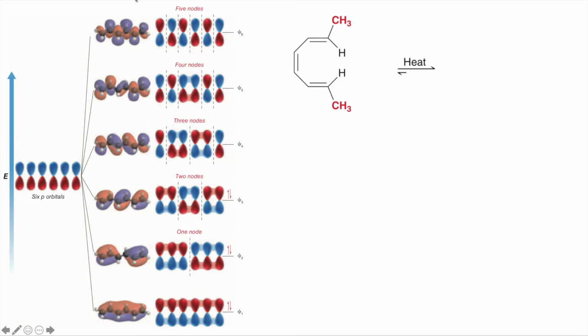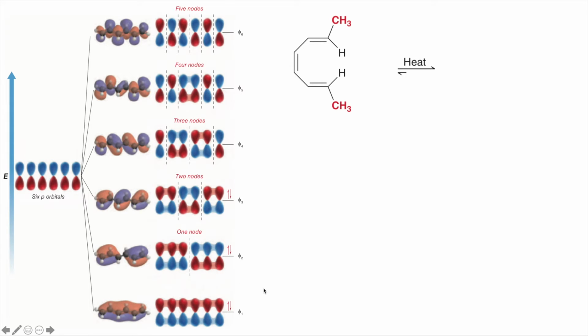And finally, at the very top, the most energetic way that the electrons could fly over that space, those 6 atoms, is if they had 5 nodes. That would be a very energetic wave, standing wave pattern. So this 3 pi system, there are 2 electrons in each of the pi bonds, so we have 2, 4, 6 pi electrons total that we need to fit into these wave patterns.